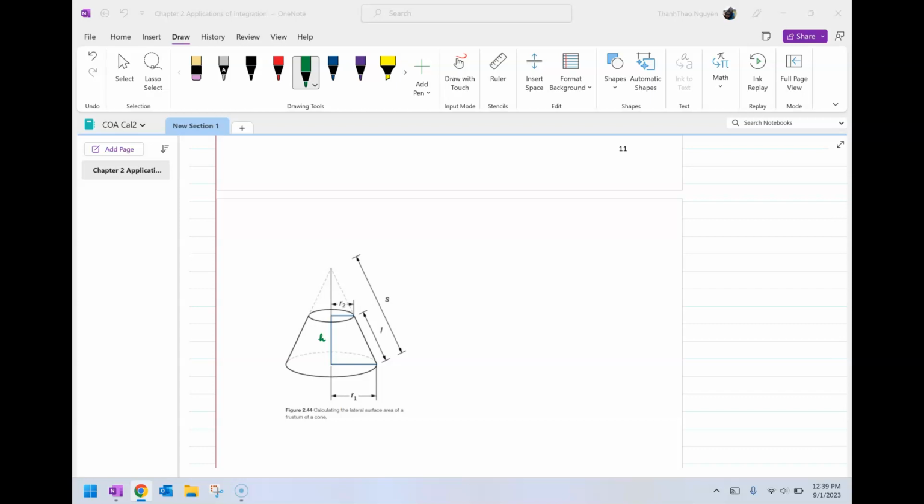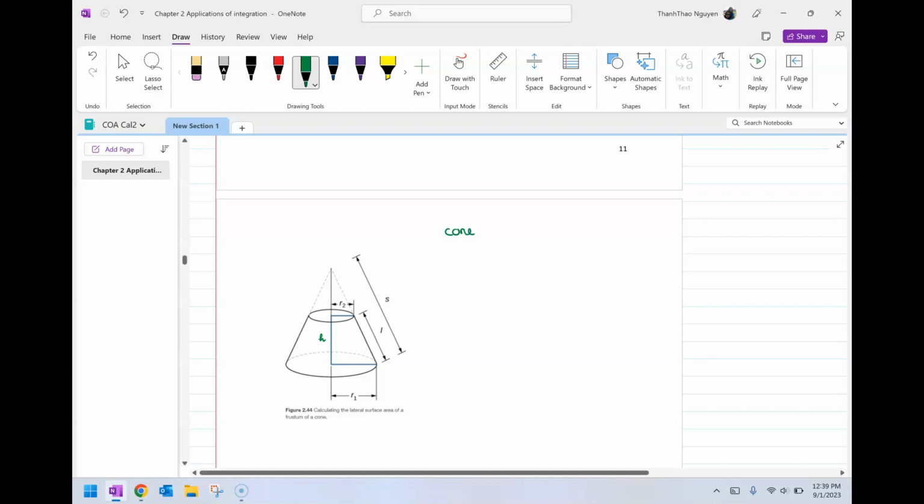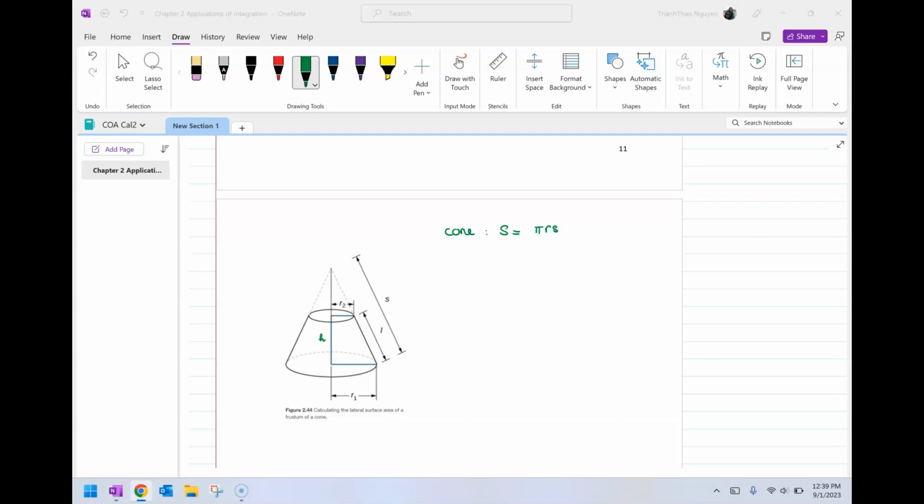The surface area of the cone is S equal pi r times small s. Or in this case, that is R1.